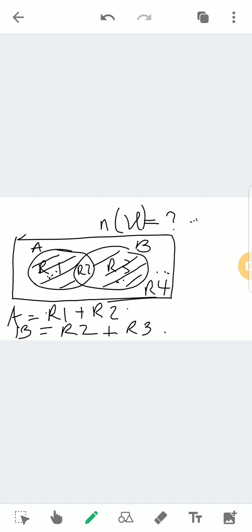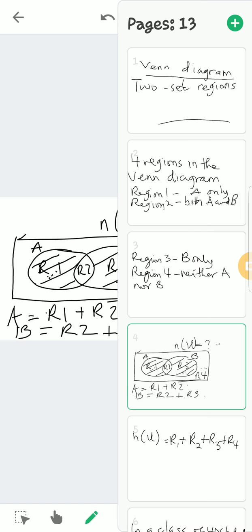That gives you the total of set B. So the total of set A is region 1 plus region 2, and the total of B is region 2 plus region 3. All right? Let's move on.